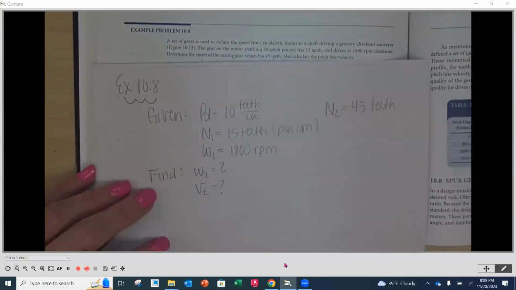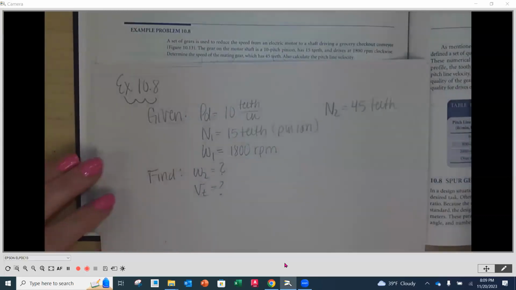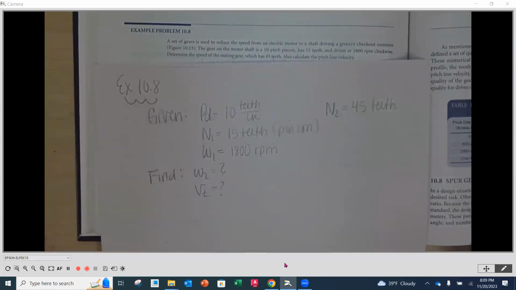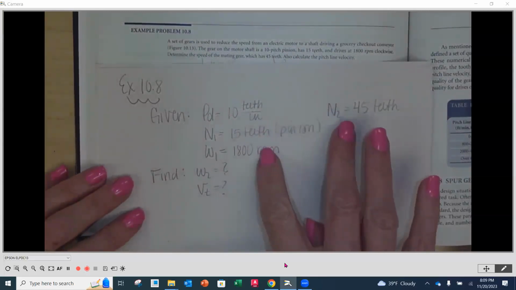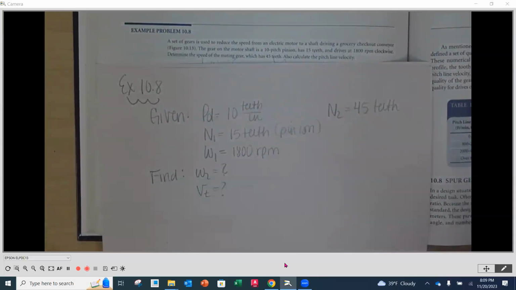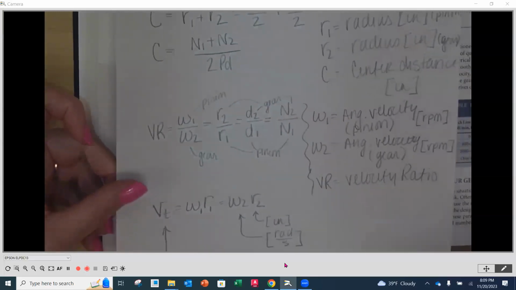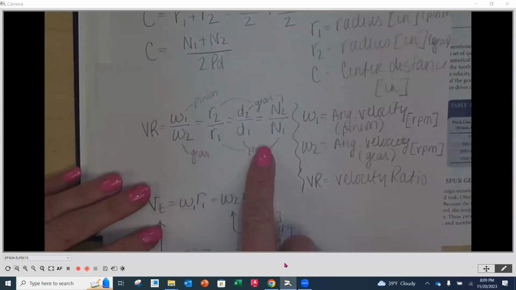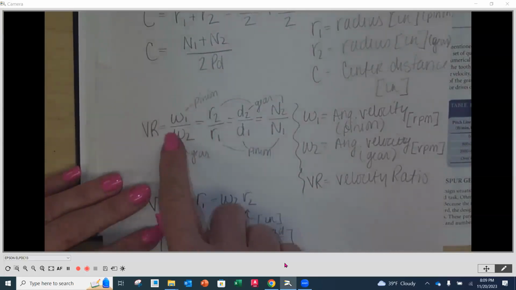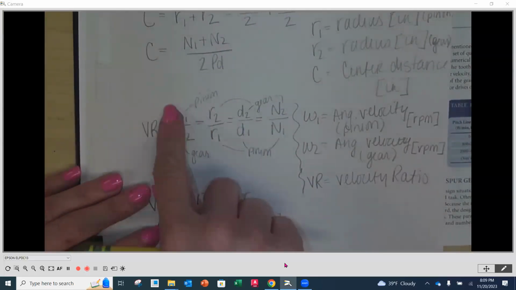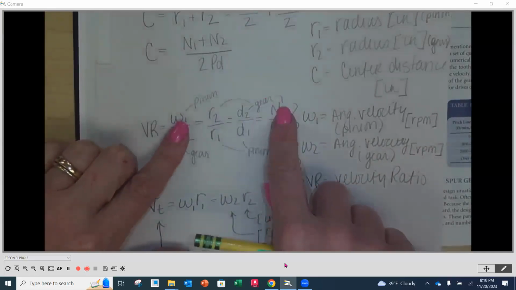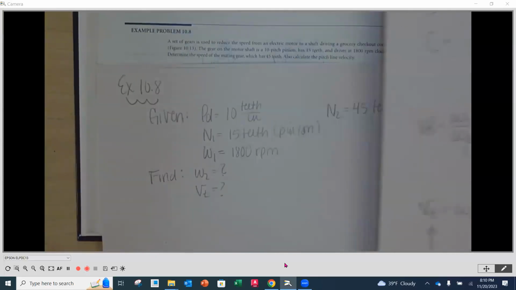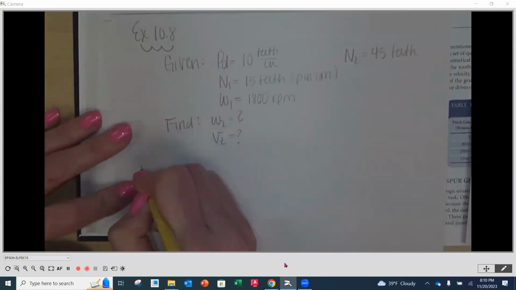So we have our equation sheet. We know what our input speed is, and we know the number of teeth on each of those gears. So we can take this velocity ratio and pull out W1 over W2, and set it equal to the number of teeth 2 over number of teeth 1. So step number 1.